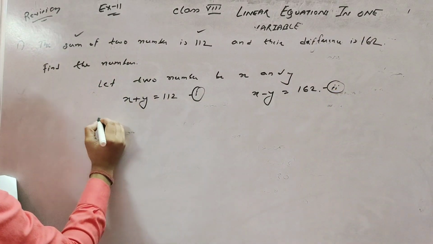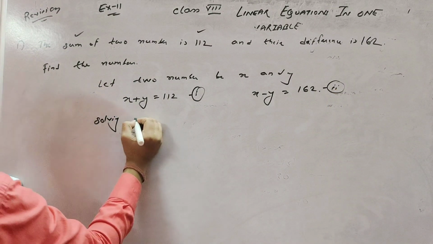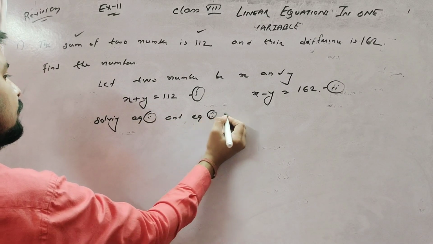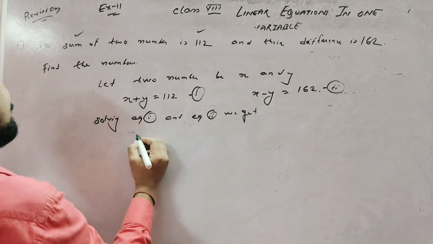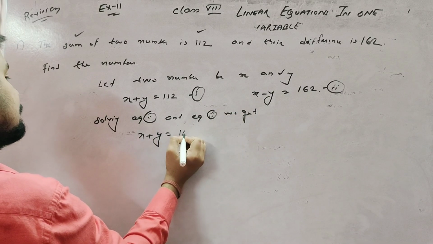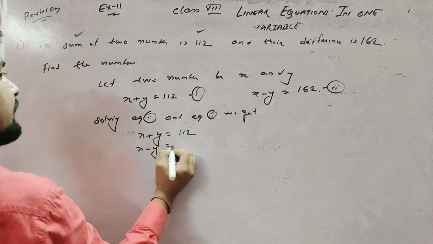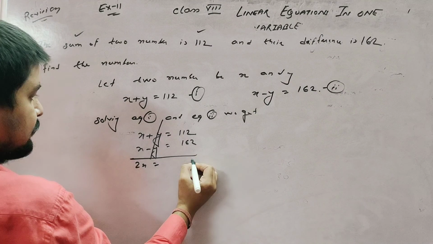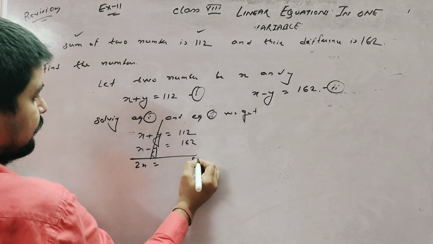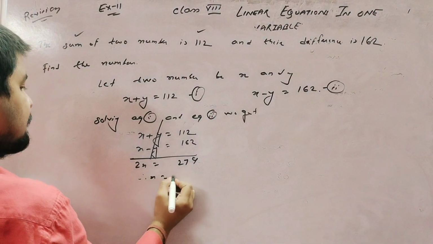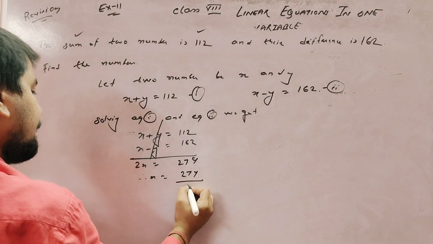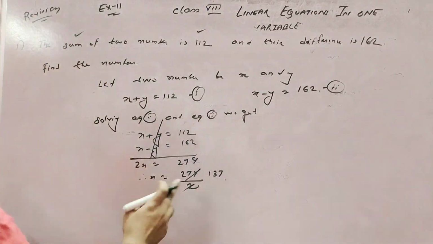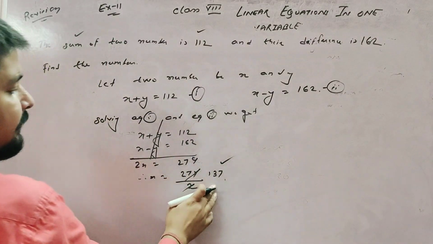Okay, solving equation 1 and equation 2, we get x plus y equals 112 and x minus y equals 162. Adding, we get 2x equals 274. Therefore x equals 274 by 2, which is 137. Okay, so we get the value of x.